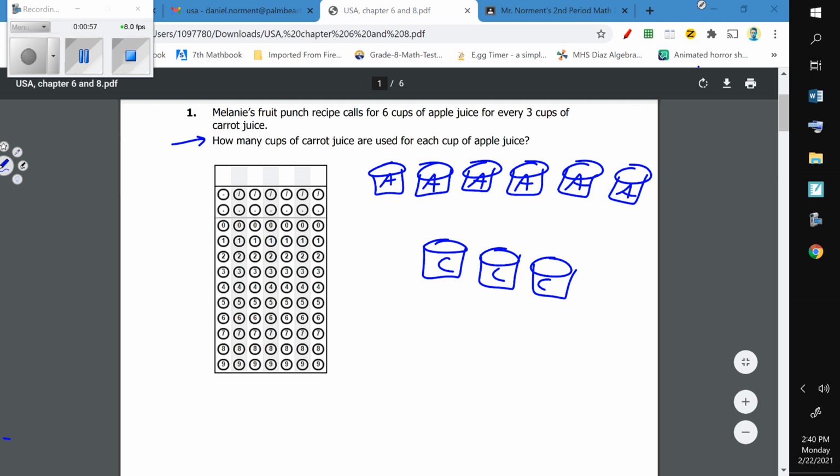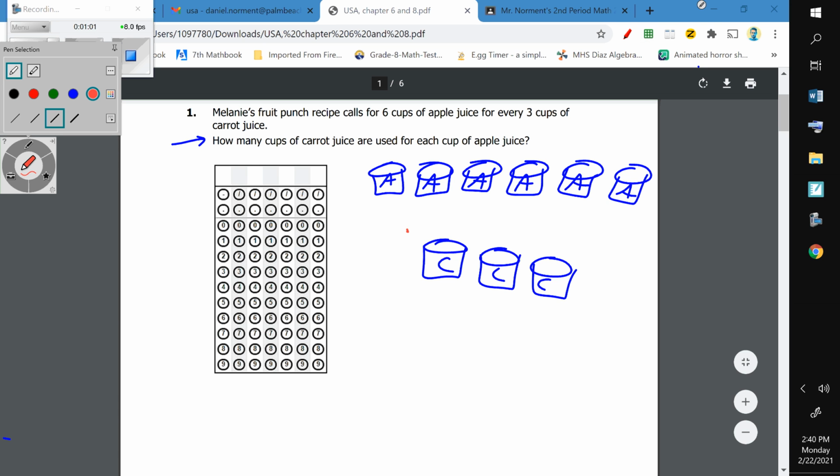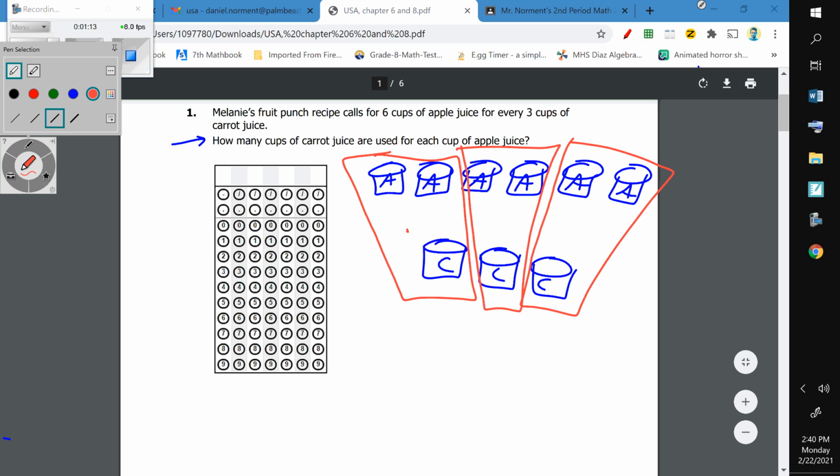Okay, so they want to know, with one, now the ratio is this, 6 to 3. Or you could even simplify that and say for every 2 cups of apple juice, you have 1 cup of carrot juice. But they want to know for 1 cup of apple juice, how many cups of carrot juice will there be?